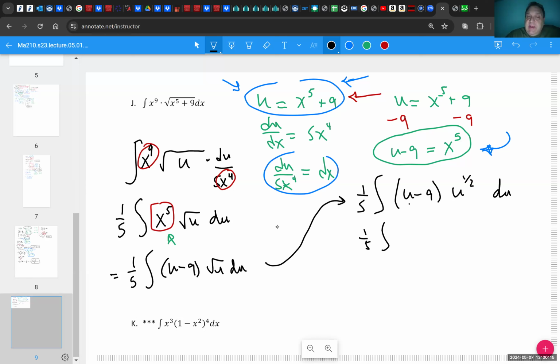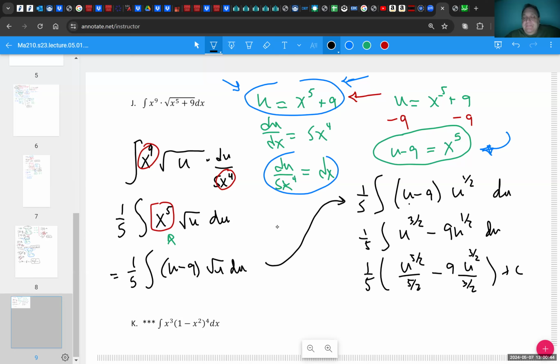U times u to the 1/2, that's u to the 1 times u to the 1/2 is u to the 3/2. 9 times u to the 1/2 is 9u to the 1/2, and du. And each of these is a power rule. So I get 1/5. The antiderivative of u to the 3/2 is u to the 5/2 divided by 5/2. The antiderivative of u to the 1/2 is u to the 3/2 divided by 3/2. And then I get my plus c at the end.